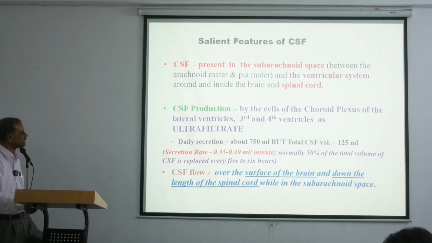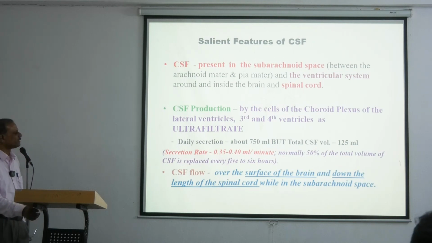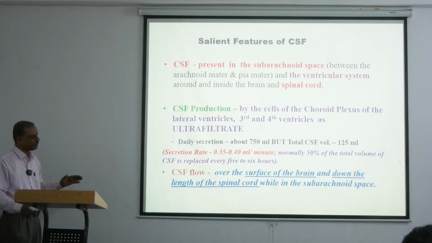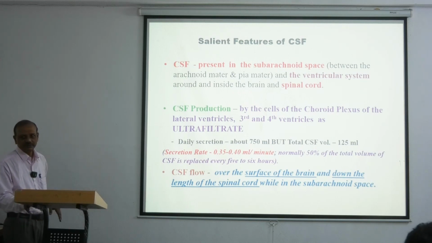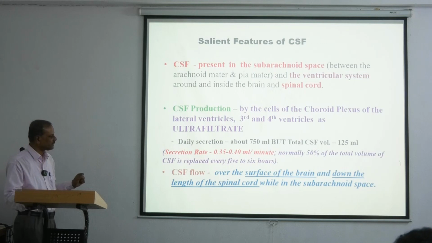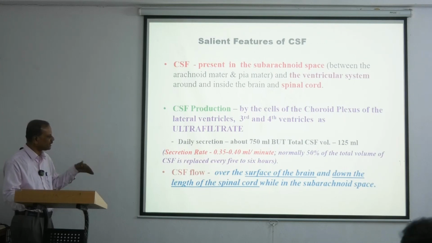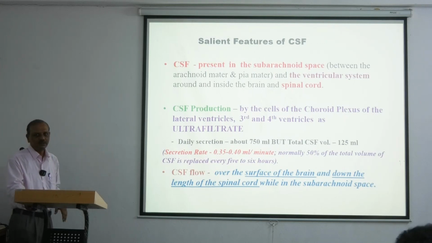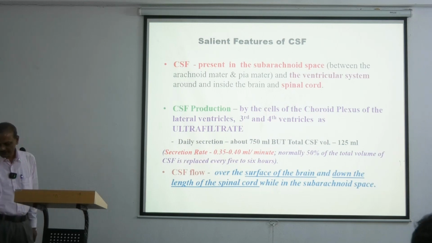The rate of production is about 0.3 to 0.4 ml per minute, that means about 20 ml per hour. CSF flows, as I told you, over the surface of the brain, and I will tell you briefly in detail how, and down the length of the spinal cord in the subarachnoid space.